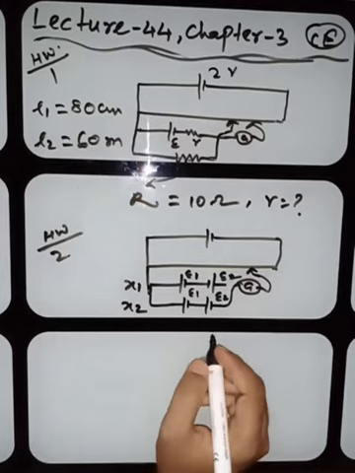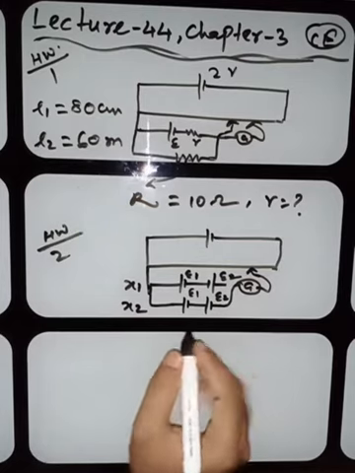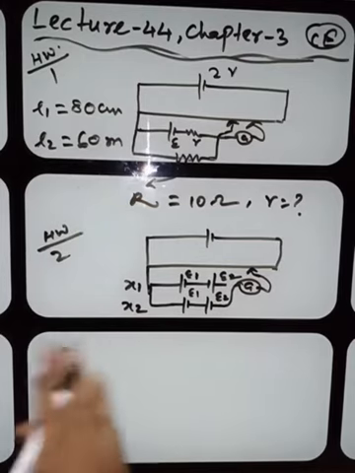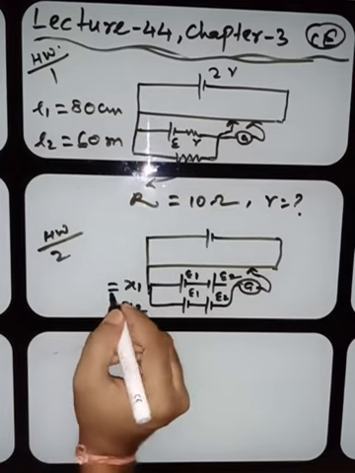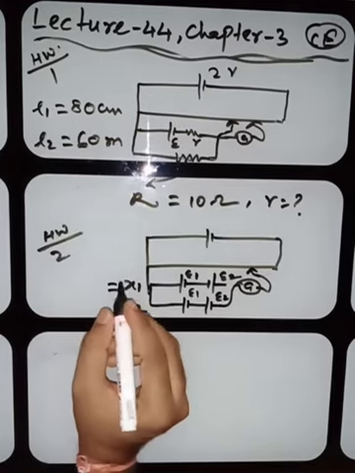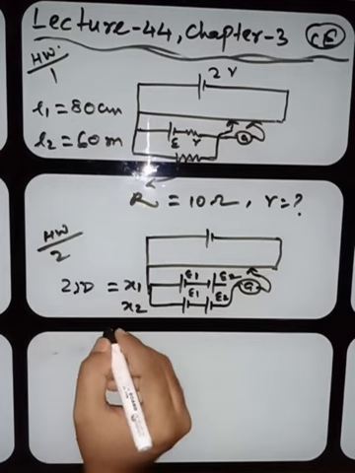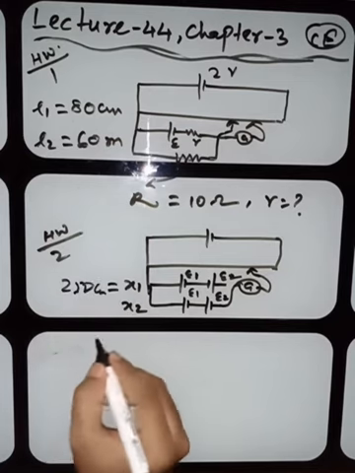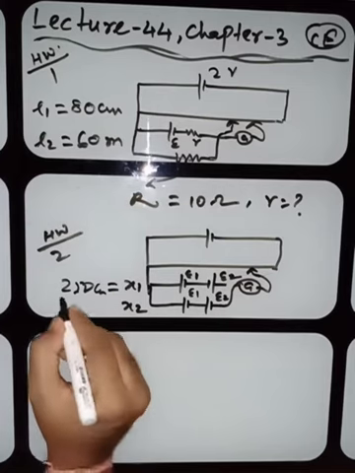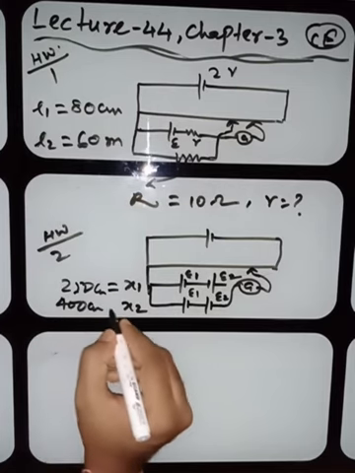X1, X2 are given. Suppose X1 is 250 centimeter, and X2 is 400 centimeter.